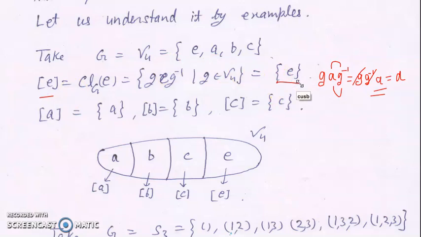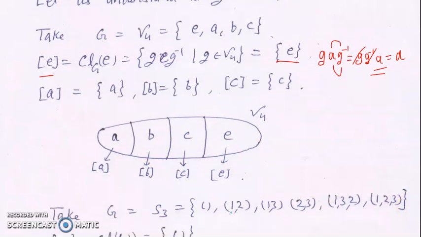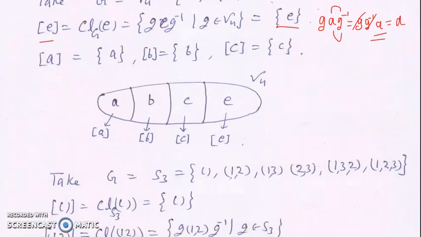So for any group, if you calculate the equivalence class of identity, it will remain as identity. So this V4 is partitioned into 4 equivalence classes, that is the equivalence classes of A, B, C, and E, and this will happen for every abelian group. The number of equivalence classes will be the same as the number of elements in that group.